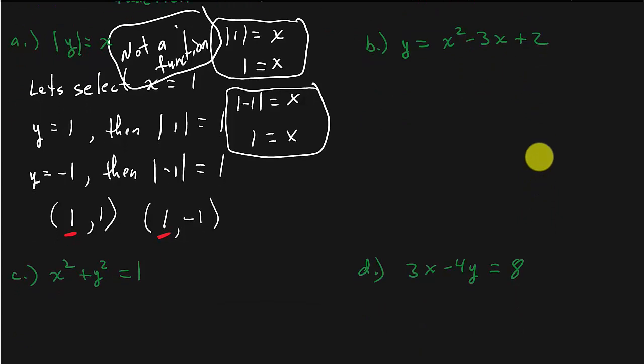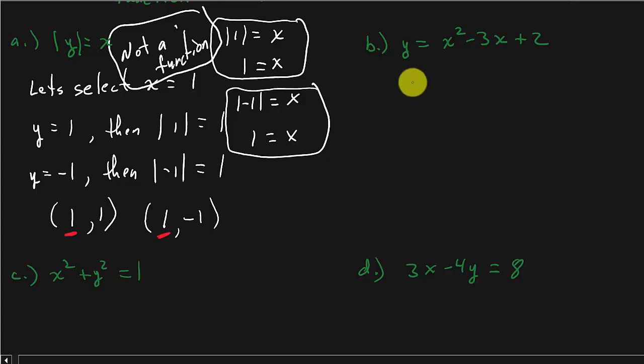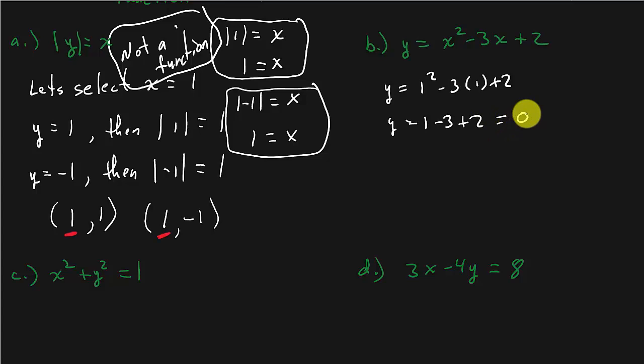Just to show you, let's just say that I plug in 1 for x. So I'm going to get y equals 1 squared minus 3 times 1 plus 2. So y is equal to 1 minus 3 plus 2, which is going to give me y is equal to 0. Is there a possibility of me getting two different y values?